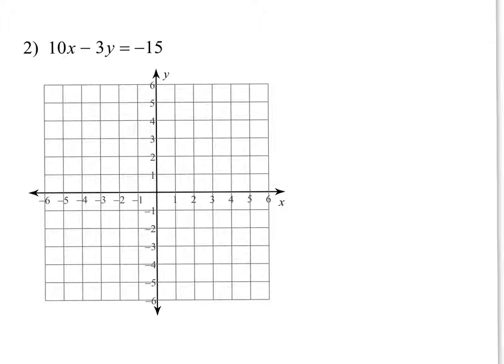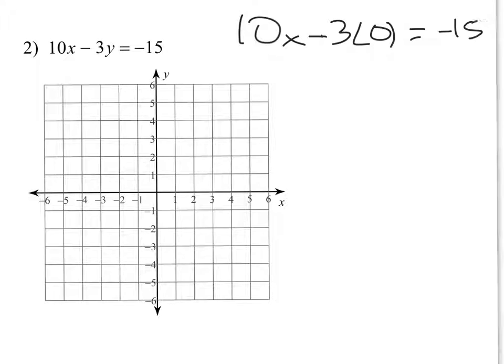So I'm going to plug in 0 for y to get my x-intercept, because whenever I'm on an x-intercept, my y is still 0. So 10x minus 3, and I'm going to plug in 0 for y, because I'm on my x-axis, equals negative 15.